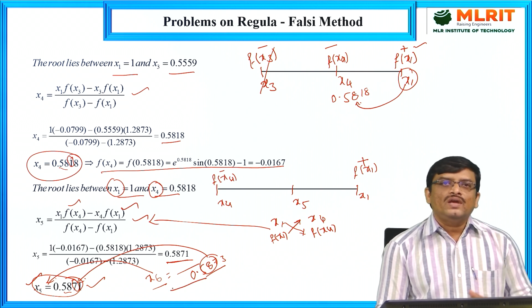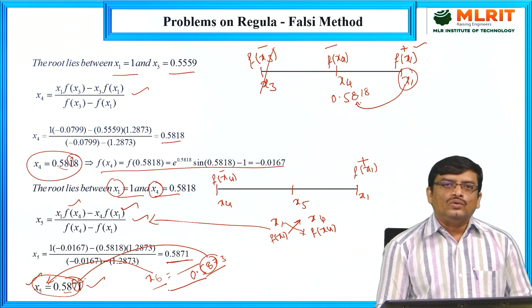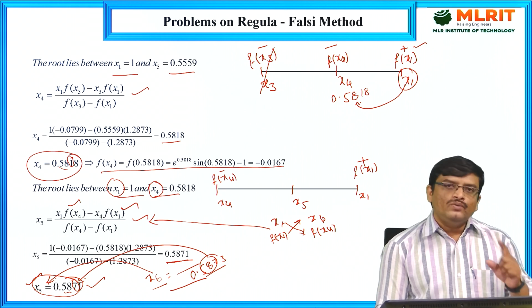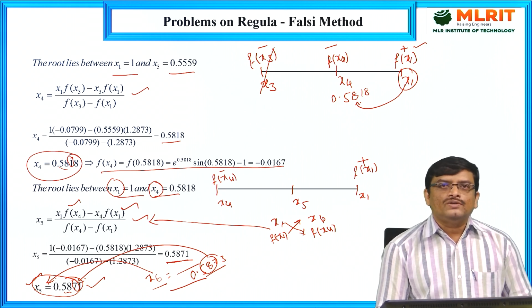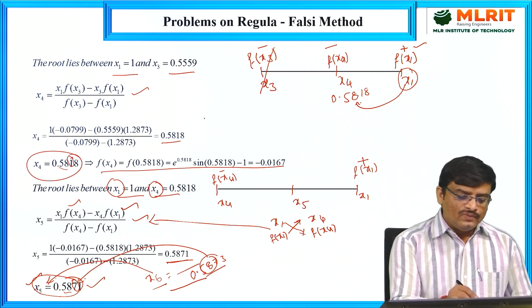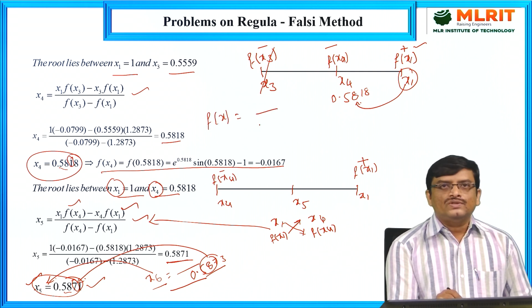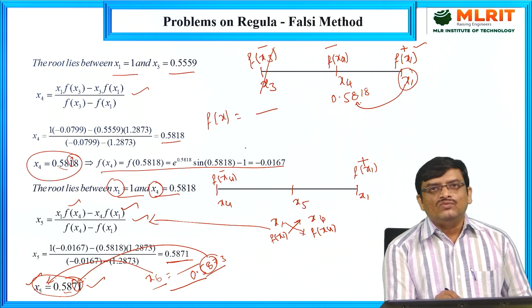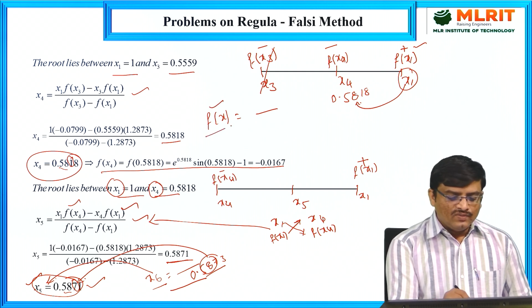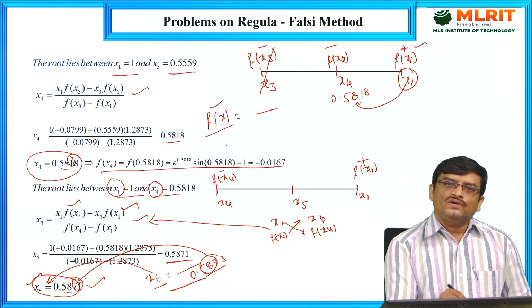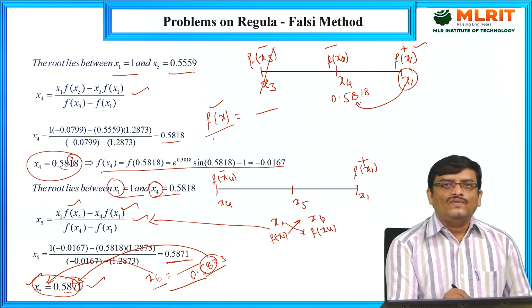So this is the way how we can find out the root by using the false position method or the Regula Falsi method. So here in this problem one important thing we have to remember is, whenever we have a function in trigonometric form, suppose any trigonometric function is involved, then if you want to find out f of x1, f of x2, f of x0, any value, then keep our calculators in the radians mode.